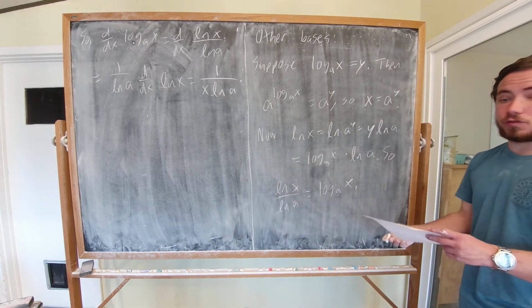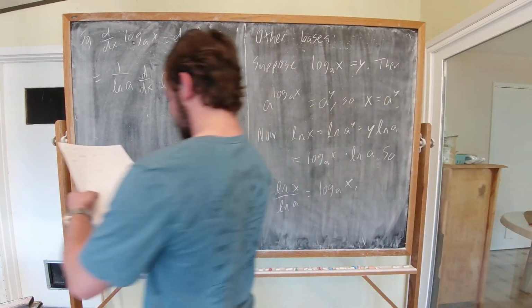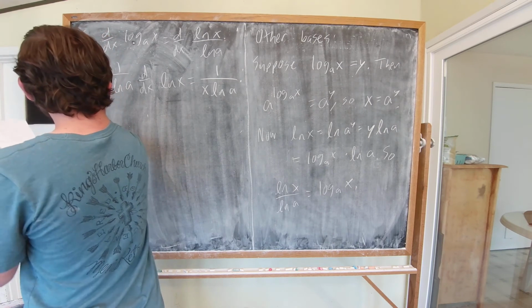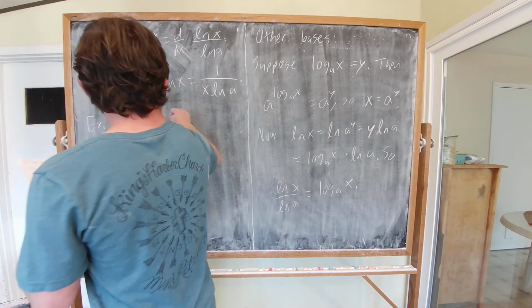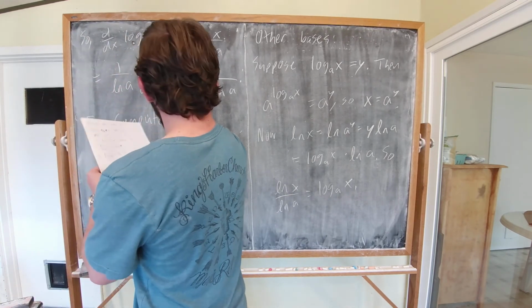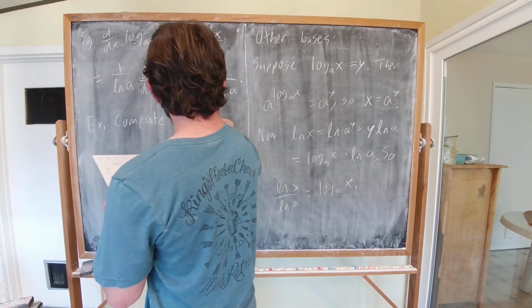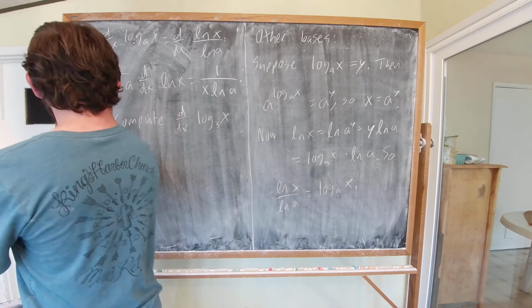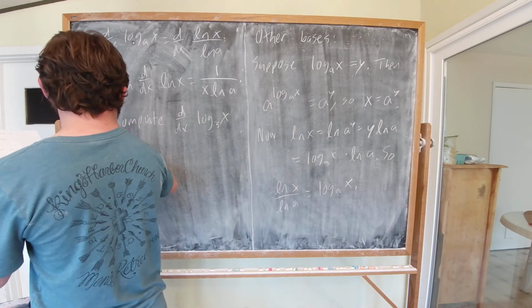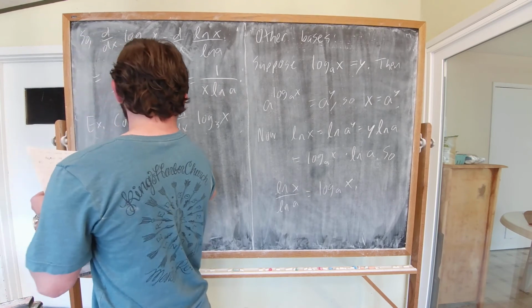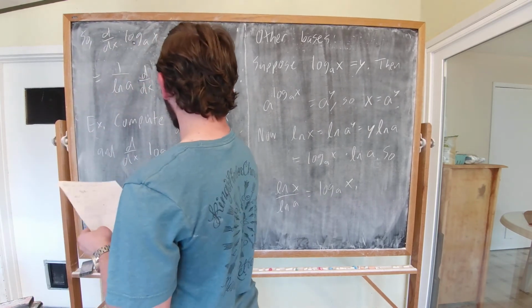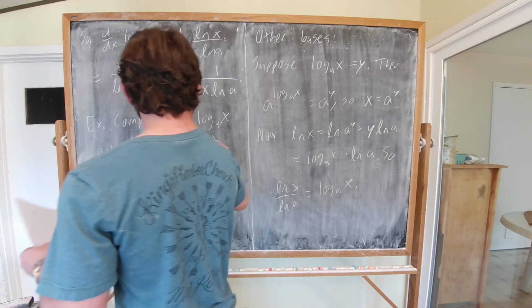And let's try it out. Let's compute the derivative with respect to x of log base 3 of x and the derivative with respect to x of log base 7 of x squared plus 1.